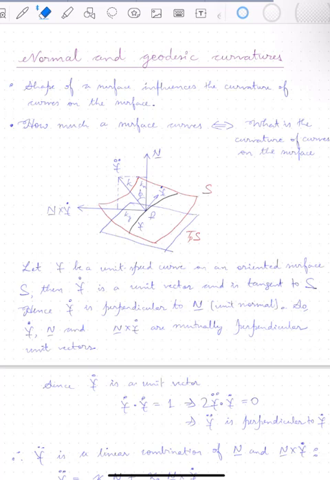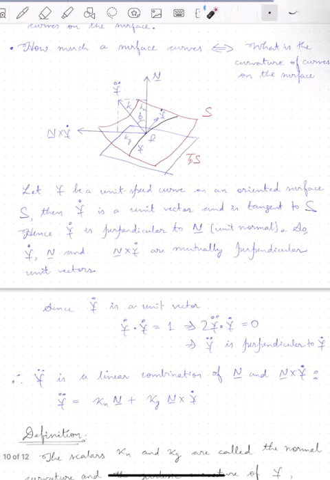It so happens that the n vector and gamma dot are perpendicular, and their cross product, n cross gamma dot, will of course be perpendicular to the plane spanned by the n vector and the gamma dot vector. So this gamma double dot is also perpendicular to gamma dot, which is what we have shown here.